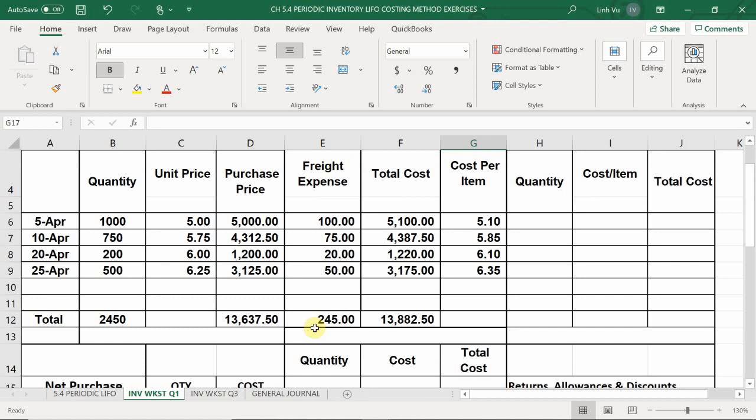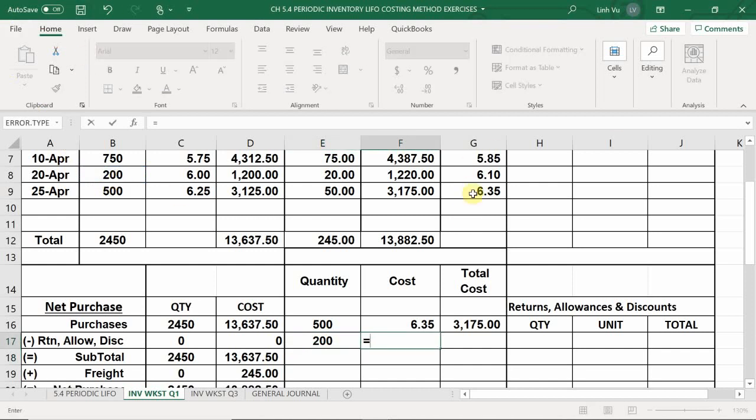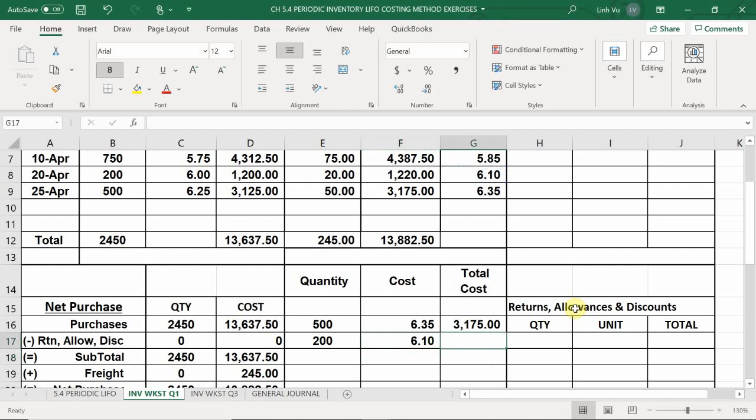So which batch of inventory am I going to be taking out from next? We're going to take out the 200, at $6.10, which we already know to be a total of $1,220.